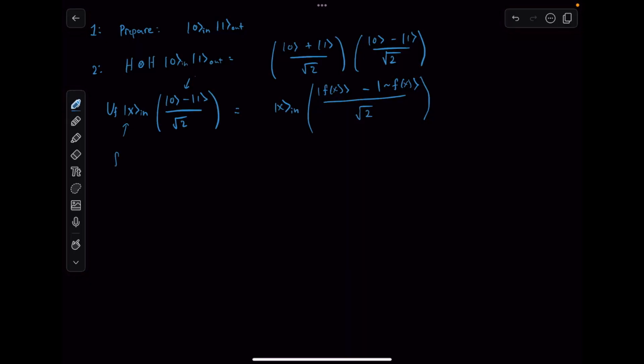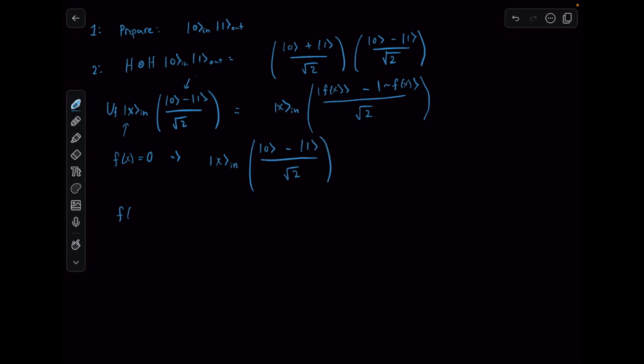Now let's say f of x is equal to 0 for our particular input. What is our resulting state going to be? We plug in f of x, we have 0 here. We plug in the negation of f of x, and we have 1. So nothing happens to this state.